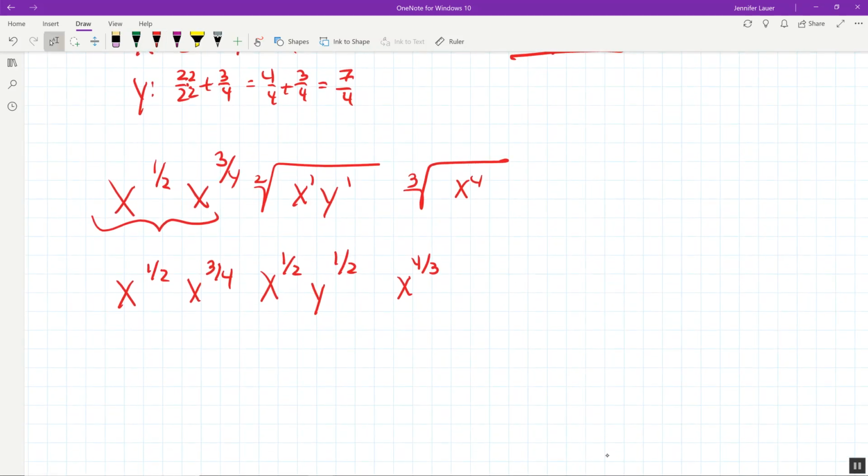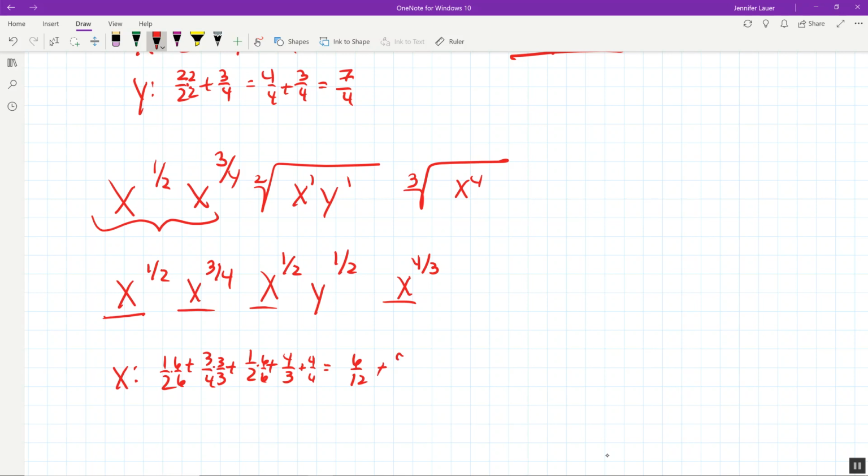So now I'm ready to add my like variables. I'm going to start with my x's, and I'm going to say 1/2 plus 3/4 plus 1/2 plus 4/3. I need to get a common denominator, which looks to be 12. So we have 6/12 plus 9/12 plus 6/12 plus 16/12.